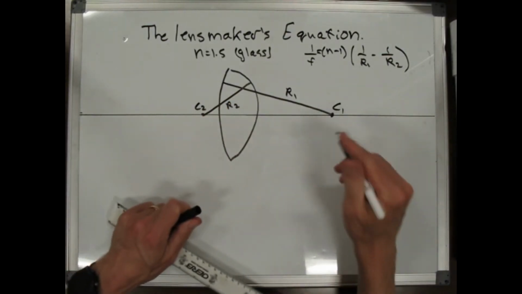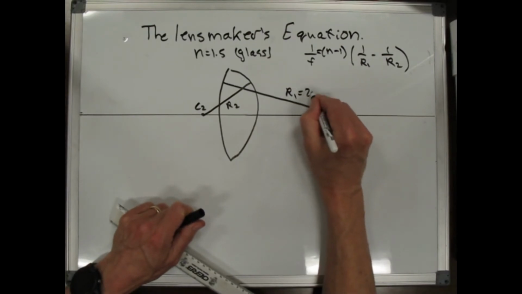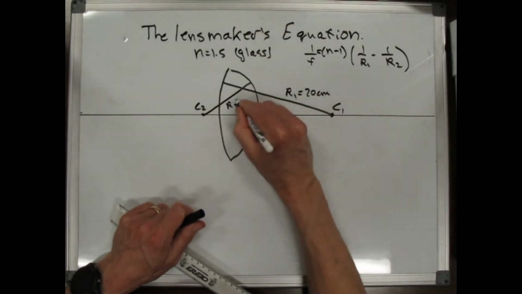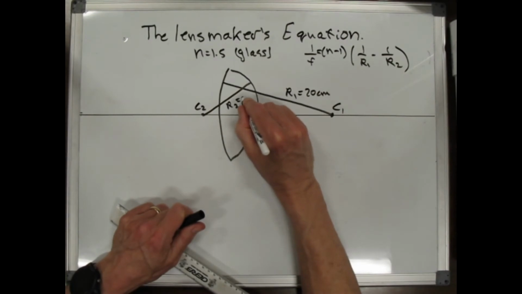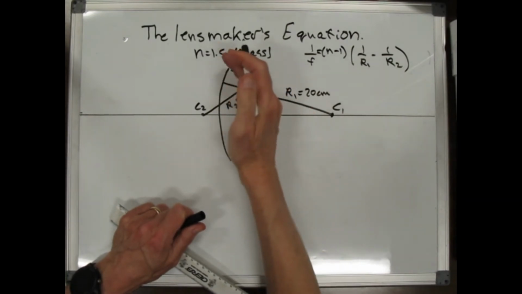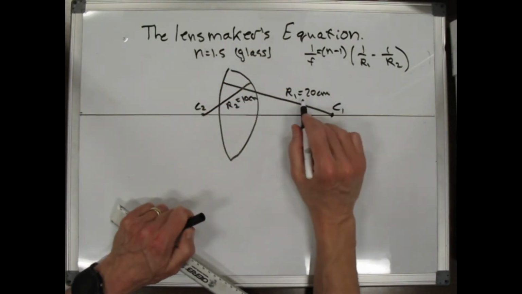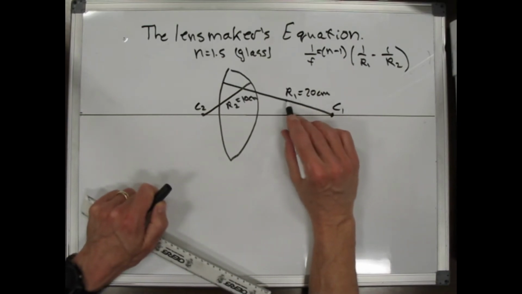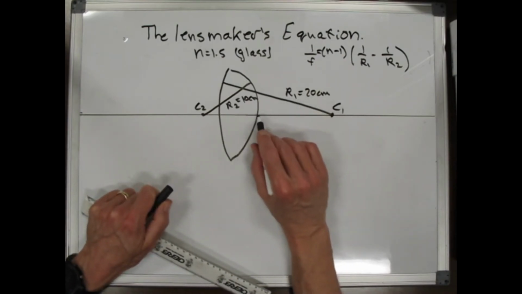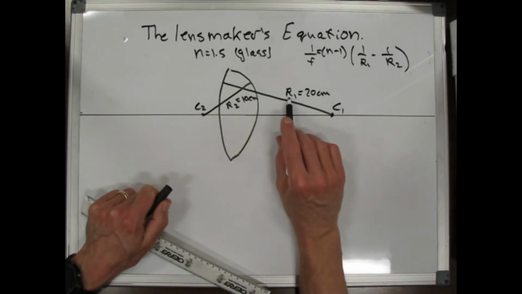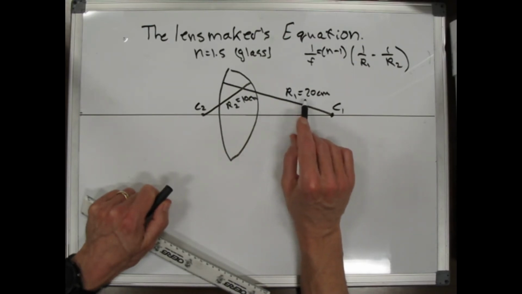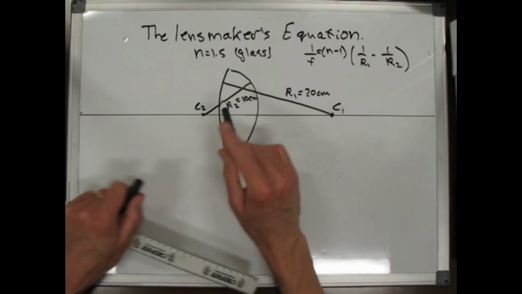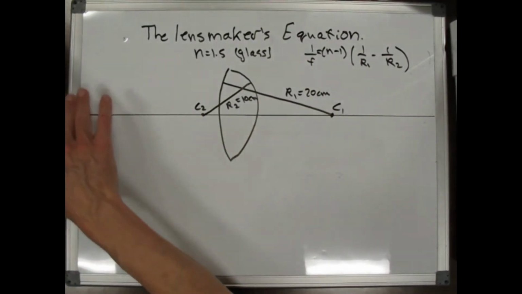And so we're going to say the magnitude of R1 is 20 centimeters, and the magnitude of R2 is 10 centimeters. It's got a shorter radius of curvature and a longer radius of curvature. But we still have to work out the sign, whether these are plus or minus, because we have a rule for that. Our rule is R1 is greater than 0 if the center of curvature is on the same side of the surface as the outgoing ray.